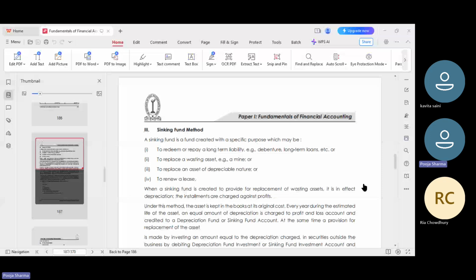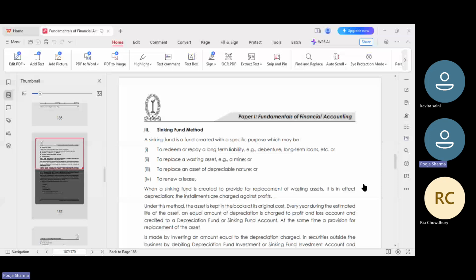Some entries will remain the same in each and every year. Let's take the second year: it will be the same, profit and loss to the depreciation to the sinking fund account. Now the interest that we have earned will be transferred to the bank account. So bank account to interest on investment account.